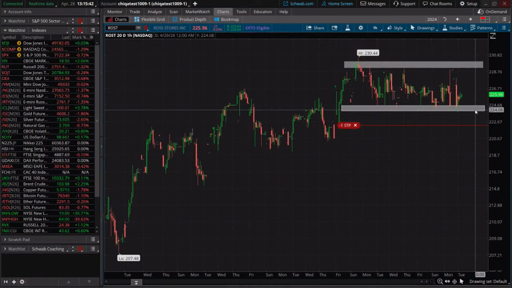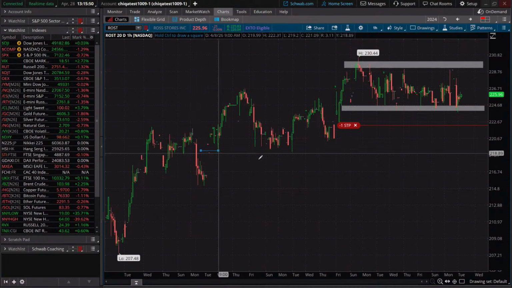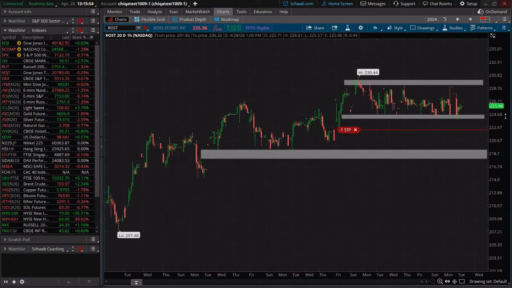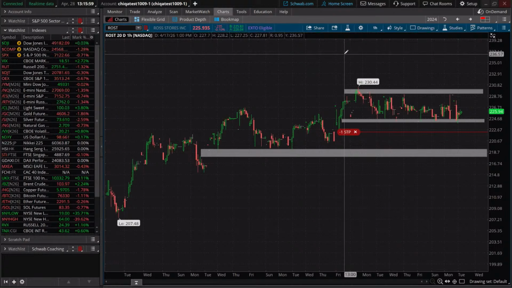So that could put us down to, let's say, 218, maybe down here at this level where we see this prior gap and this ledge around here. Or that could put us at this level to the upside, right around 236 or so.